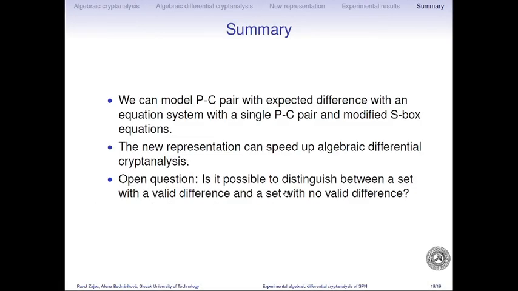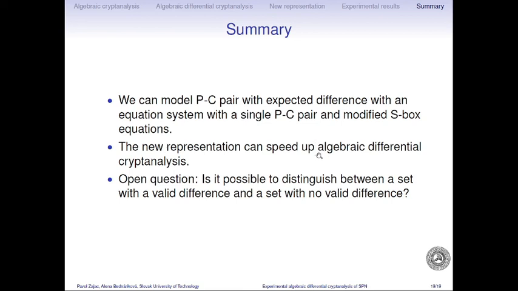So to summarize our results, we can model our PC pairs with expected difference with an equation system that focuses on a single such PC pair and modified XOR equations, which leads to a faster representation for algebraic differential cryptanalysis. It can be generalized to more methods than just Albrecht's.